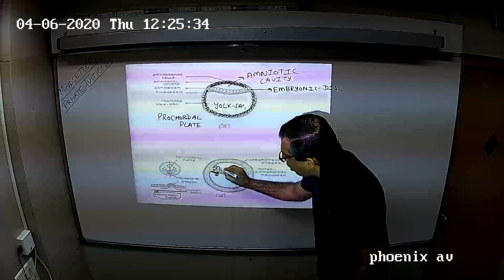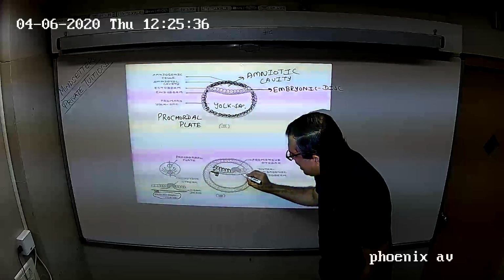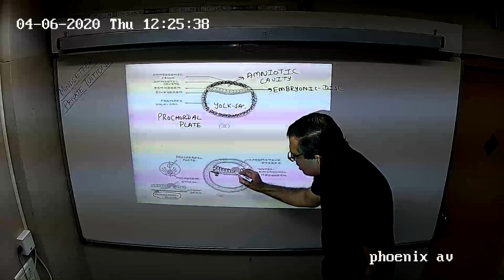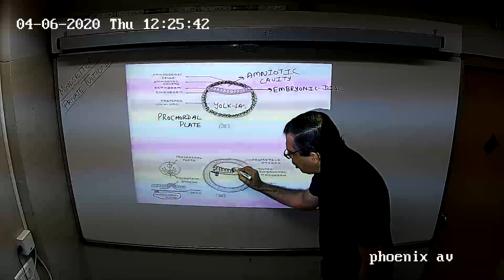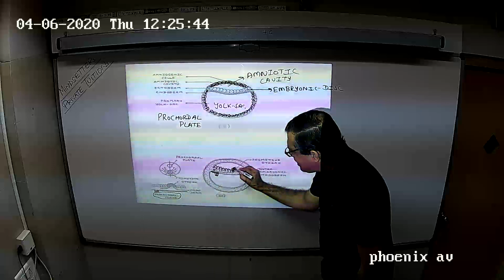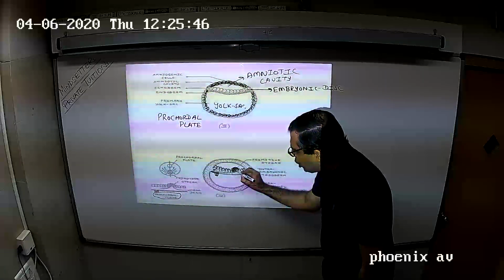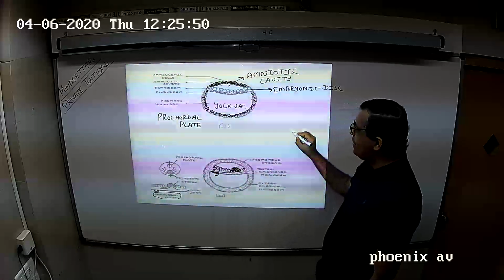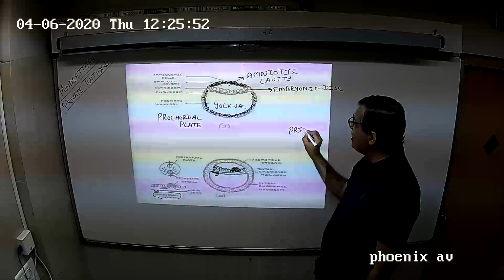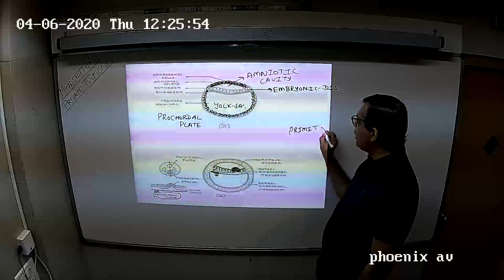We have tall columnar ectoderm, and some of the ectoderm cells break down to form a collection of small rounded cells. This collection of small rounded cells is called as the primitive streak. What is that called as?